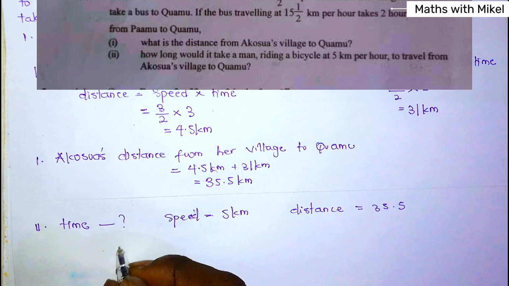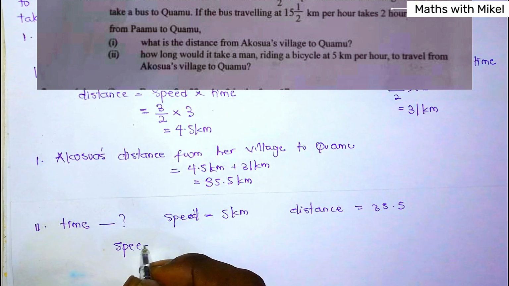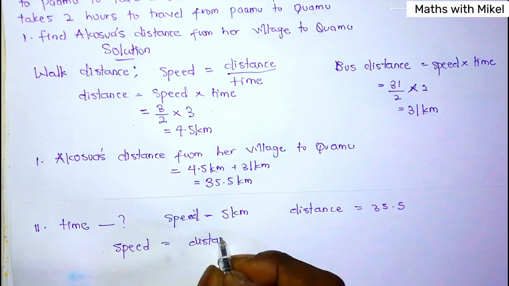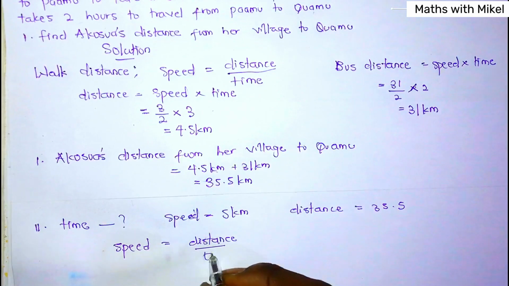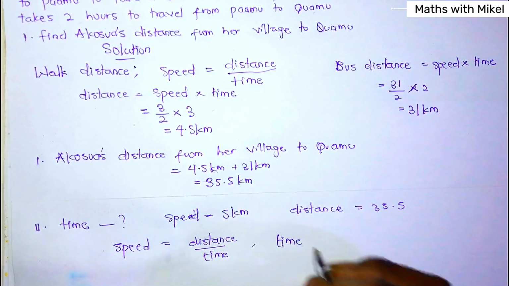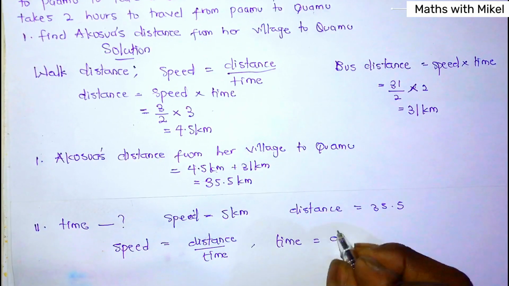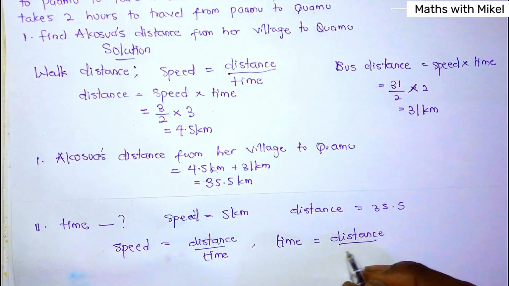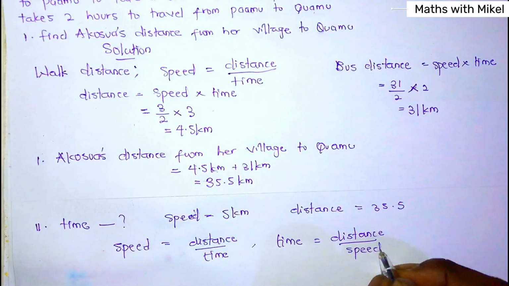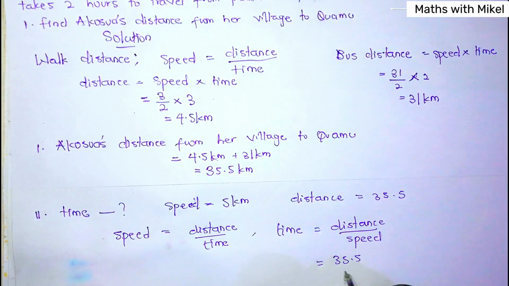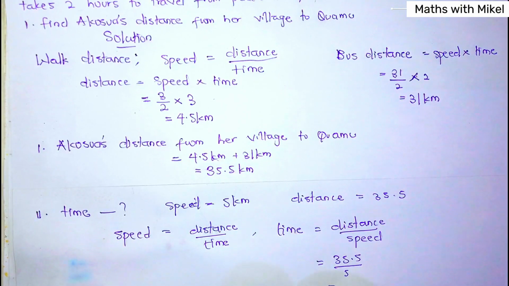So if speed is equal to distance over time, you can say that time, if you make time the subject, is distance over speed, and this is going to be 35.5 over 5. You get 7.1 hours.